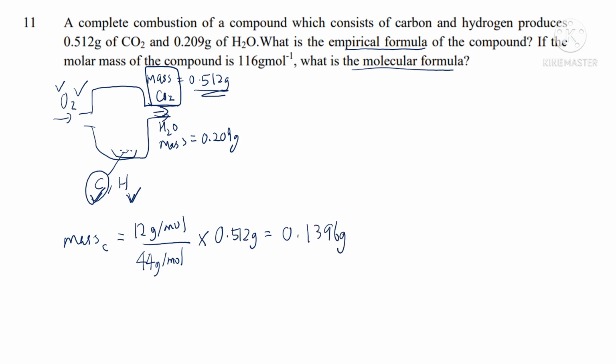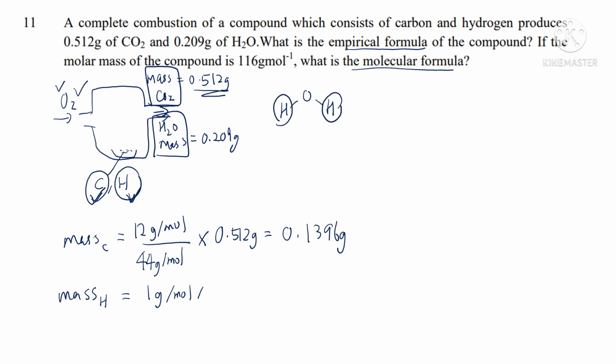0.1396 gram. While for the mass of hydrogen, it is the same thing, we can determine the mass of hydrogen from the mass of water produced. To find the mass of hydrogen, we use the molar mass of hydrogen, 1 gram per mole. But in one water molecule, there are 2 hydrogen atoms.